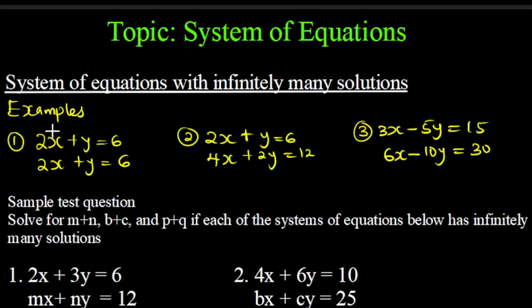If you put x is -1 and y is 8, you still get 6. If you put 0 and 6, you still get 6. Put 1 and 4, you still get 6. Put 2 and 2, 3 and 0, 4 and -2, you still get 6, like that. So the values of x that you can input here to get 6 is infinite.